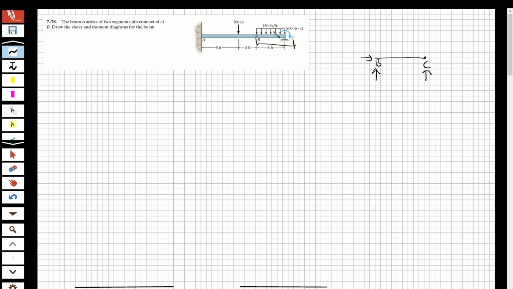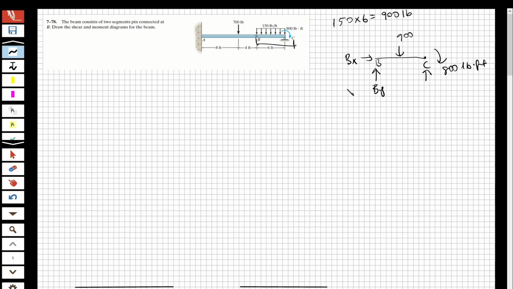And I have a moment in this direction as 800 pound-feet, and I have a distributed load 150 multiplied by 6 is equal to 900 pound. I have a force here, and this is By and this is Bx.